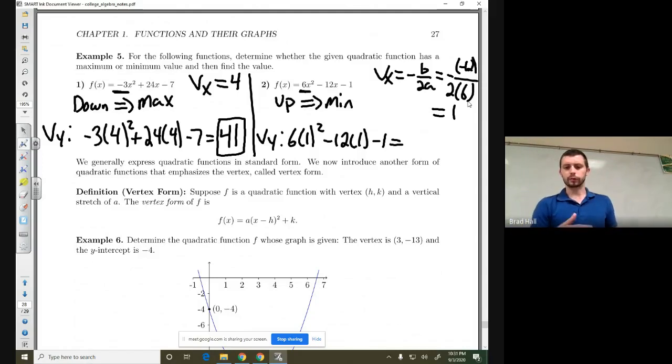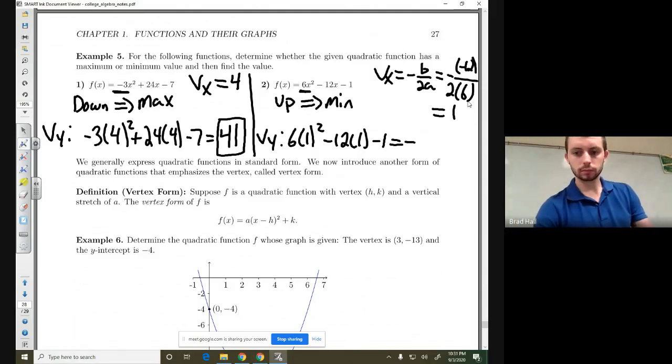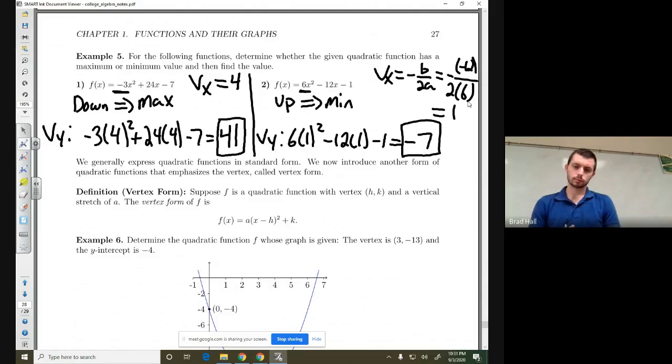And so here it's just 6 minus 12, negative 6, minus 1 is negative 7. And that would be the final answer for that second problem.